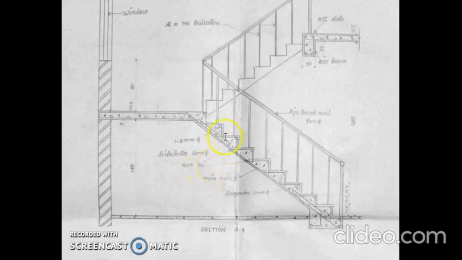Indications are given, and also there is a connection bar provided from this landing to this flight, and also from this foundation. Then this main bar also extends up to this foundation and bends like this, and the connection bar is given, which is placed just above the distribution bars.